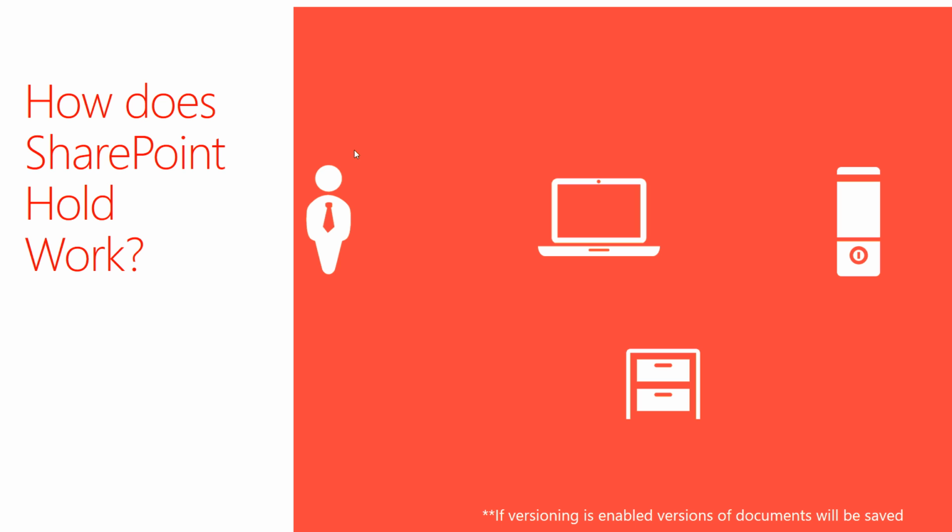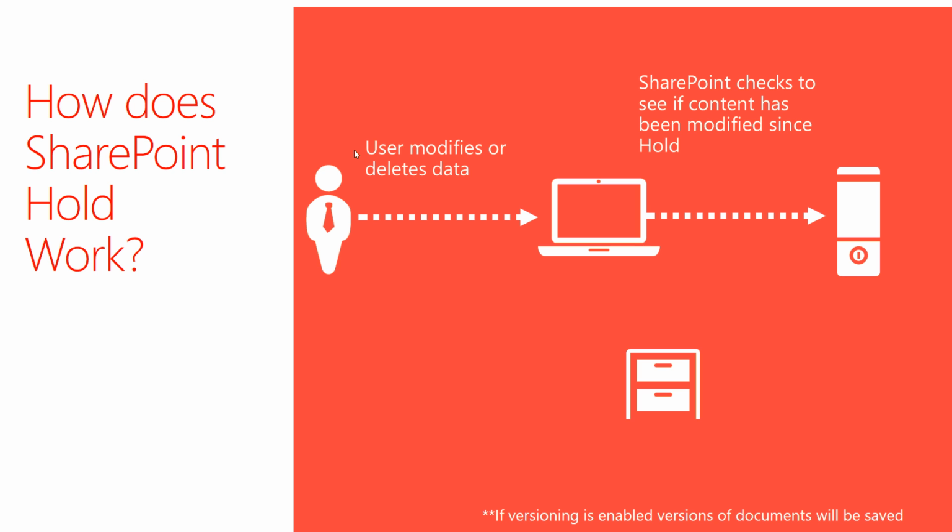So what we have is the user will modify or delete data. And then SharePoint runs a crawler. It's just automatically going in the background, checking to see if content has been modified since the user was put on hold. And it does that to figure out if it needs to preserve the data or not.